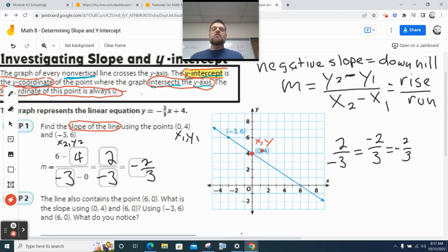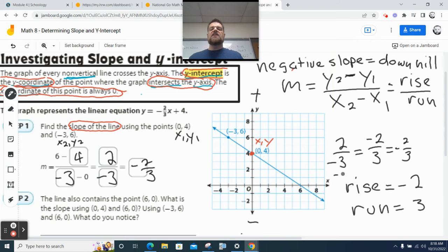So now number 2 means that my rise is equal to -2 and that my run is equal to +3. Rise is up or down. Remember that on the y-axis going up is positive, going down is negative. Also for the x-axis, going to the right is positive and going to the left is negative.